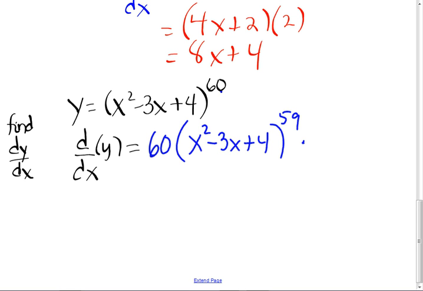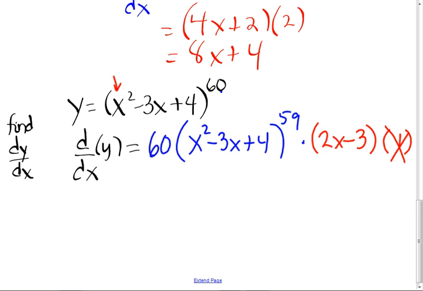Now we're going to take the derivative of the inside. Well, what's the derivative of x squared minus 3x plus 4? 2x minus 3. And if you wanted to go further, it's times the derivative of the inside of that, which is just the x. Then what's the derivative of x? 1. We don't really write that, but there was also an x in there.